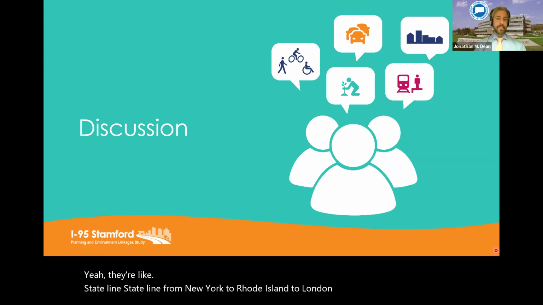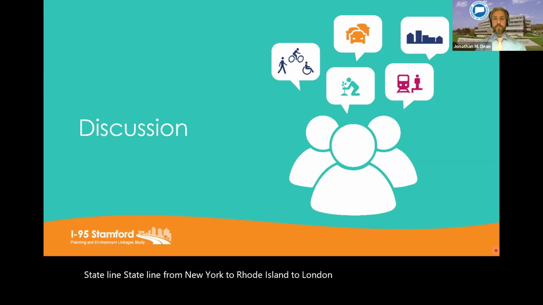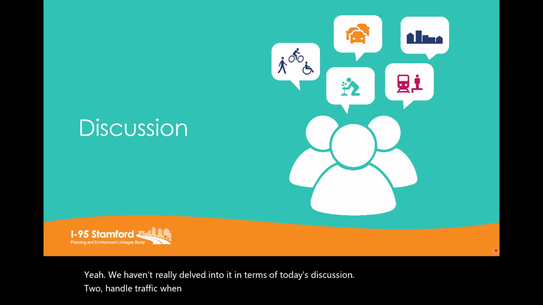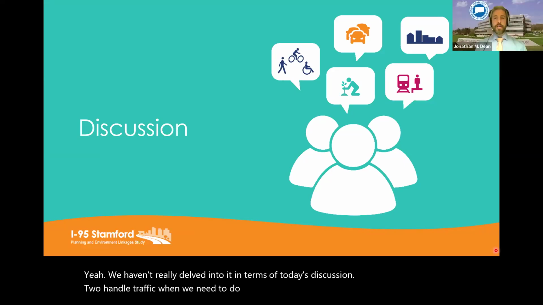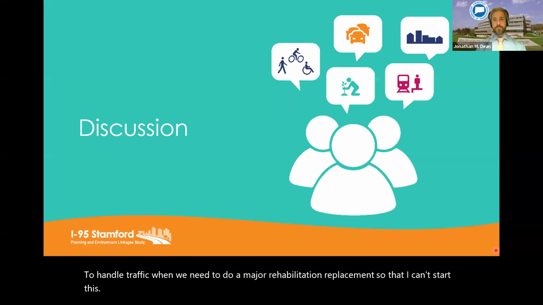Bridge 32, we haven't really delved into in today's discussion, but the way it was constructed makes it very difficult to handle traffic when we need to do a major rehabilitation or replacement. That started this study, and then there are potentially opportunities with some of the close spaced ramps that we're looking at.